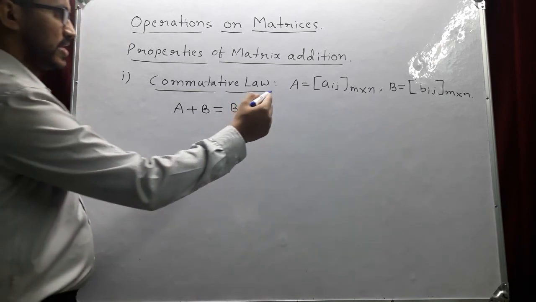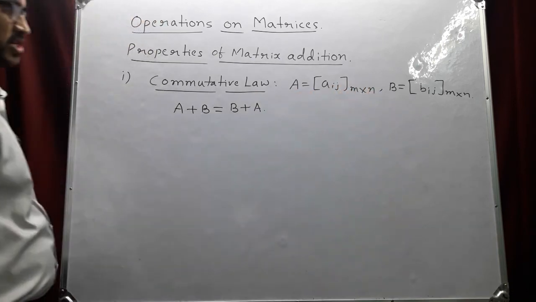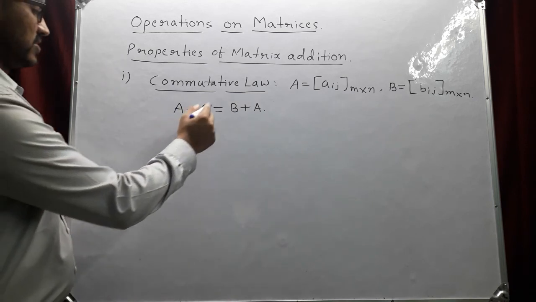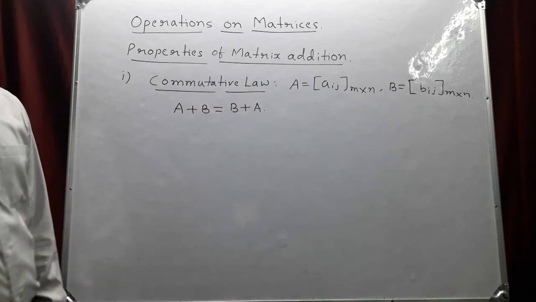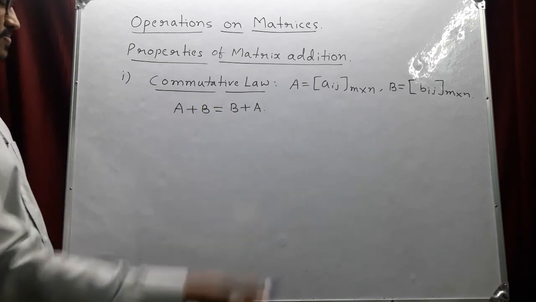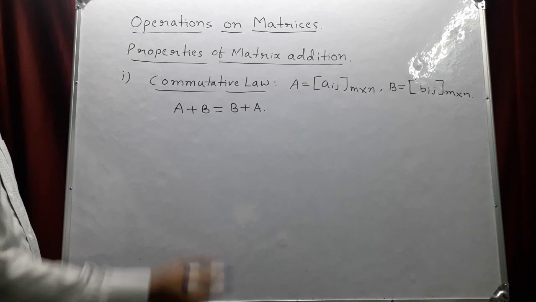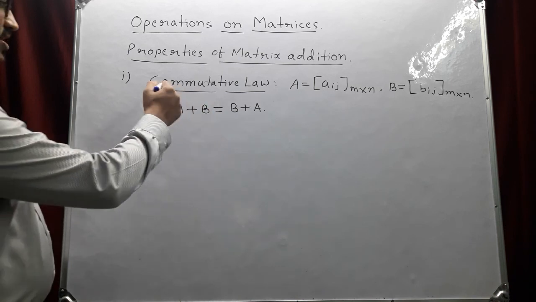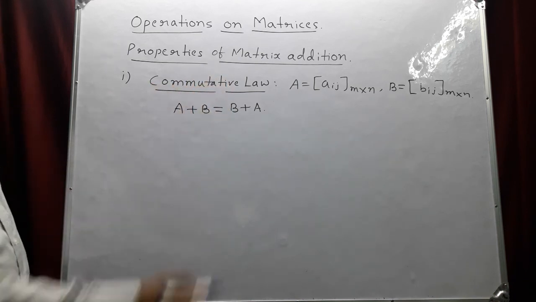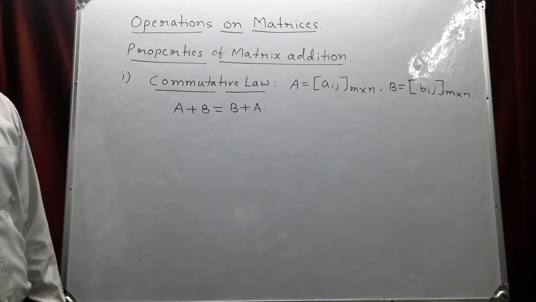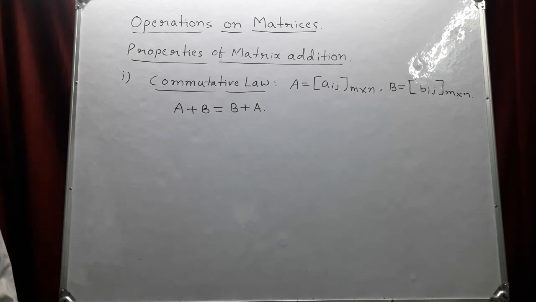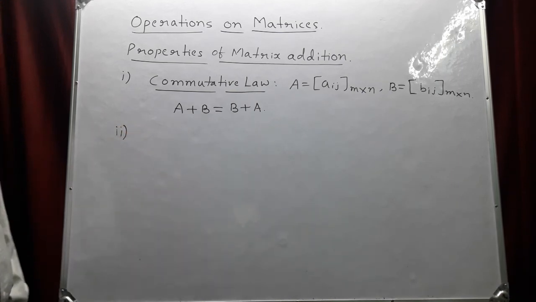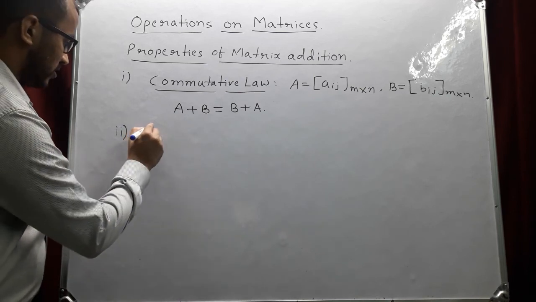If you consider any two matrices of the same order, then the sum A plus B has the same value as B plus A. You can easily prove this, since we know that addition of two numbers satisfies the commutative law. By using that, we can prove that addition of two matrices also satisfies the commutative law. Second one, it also satisfies the associative law.